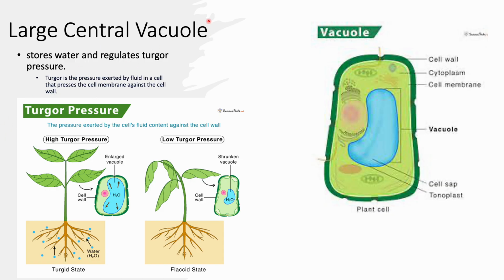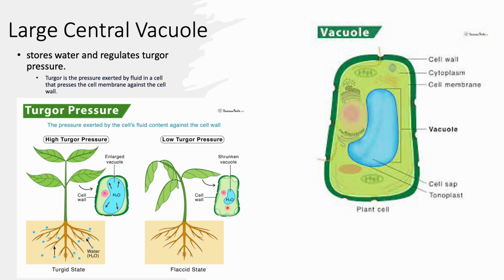And then the third, the large central vacuole, which stores water and regulates something known as turgor pressure. Turgor is the pressure exerted by fluid in the cell that presses the cell membrane against the cell wall. In the bottom picture down here, the plant has a high turgor pressure, and it looks very happy.